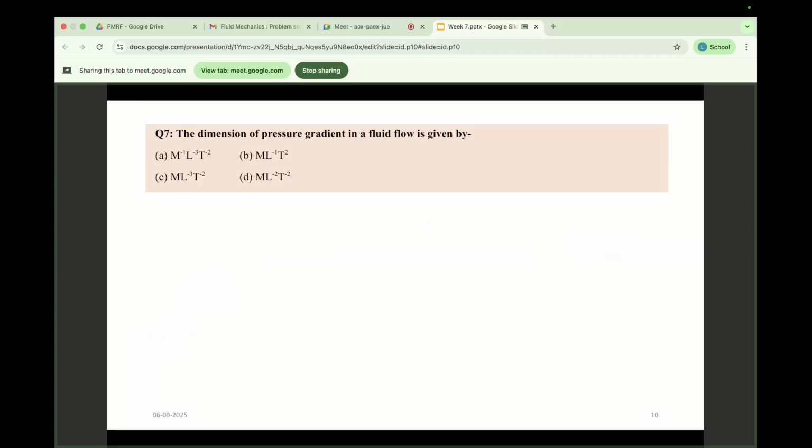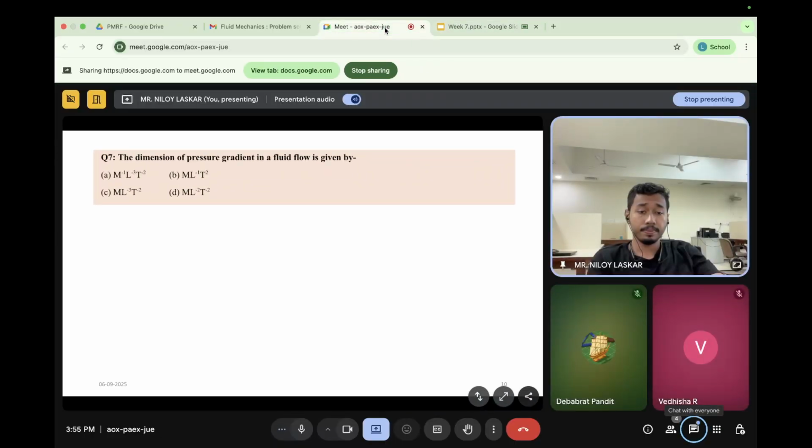So this is the next question. You are asked to find the dimension of the pressure gradient in a fluid flow. It is given by what? Please try to answer. I am giving you 1 minute.